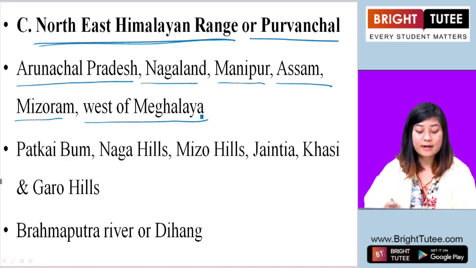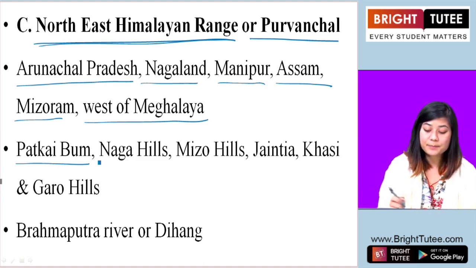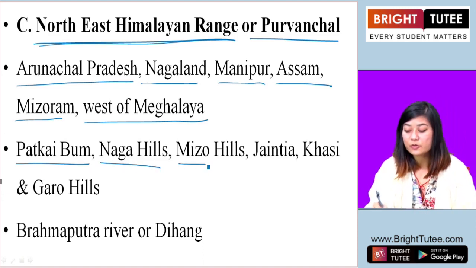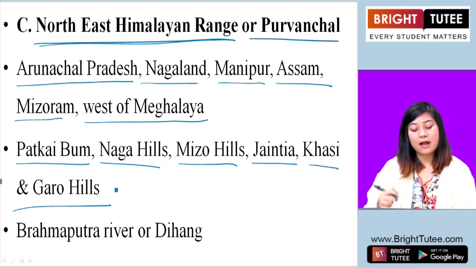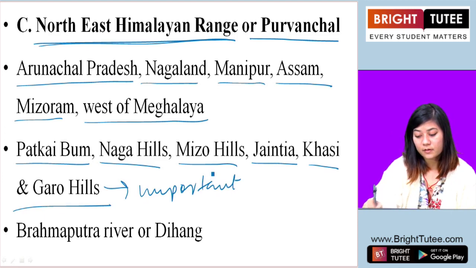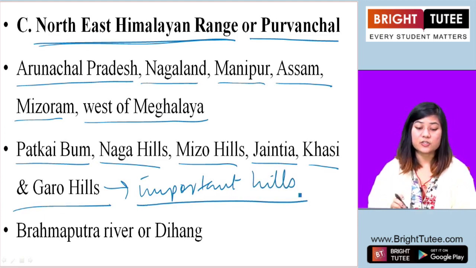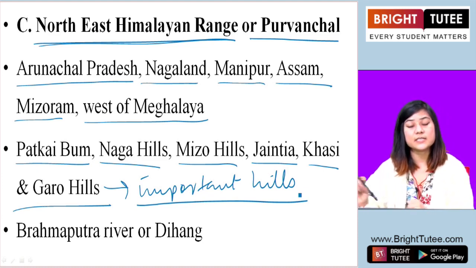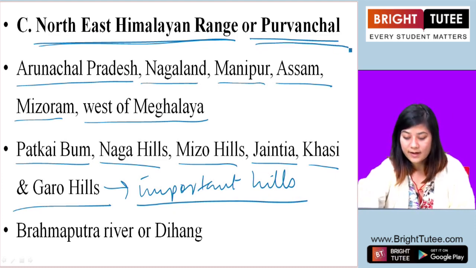Now in this range there are many hills, and they are Patkai Bum, Naga Hills, Mizo Hills, Jaintia, Khasi and Garo Hills. These are the important hills that lie in this range of eastern Himalayas, which is called Northeast Himalayan range or Purvanchal.